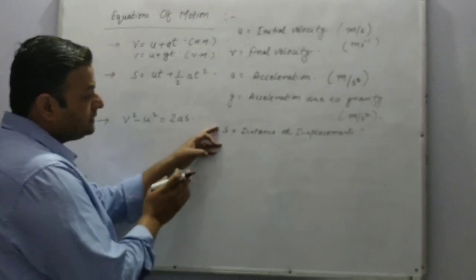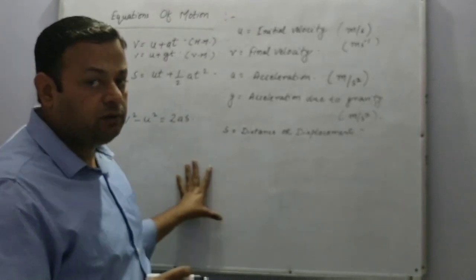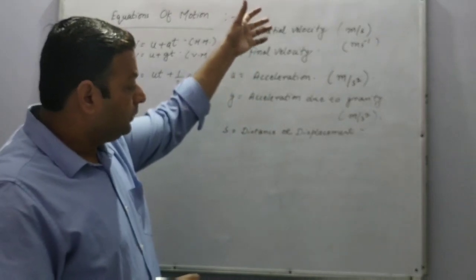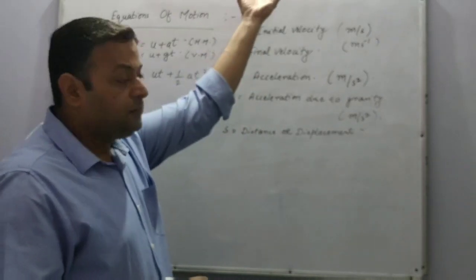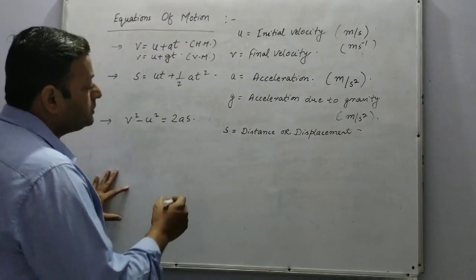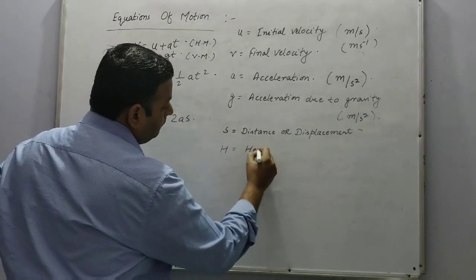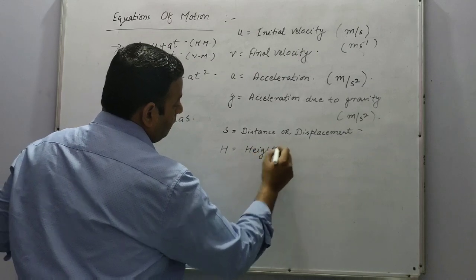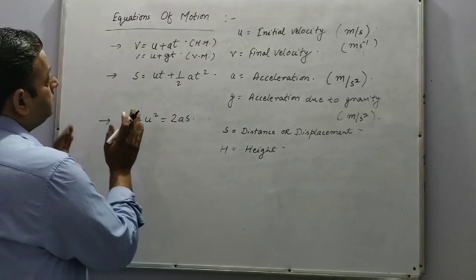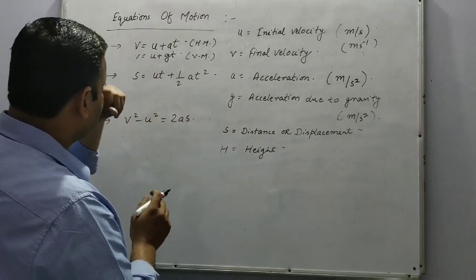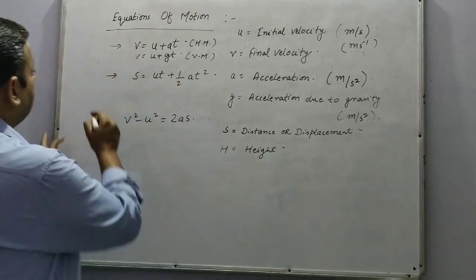We use the letter S only in case of horizontal motion, whereas in case of vertical motion, suppose something is falling from a height, then we use the letter H. So the second equation, S is equal to ut plus half at square, is in the case of horizontal motion.